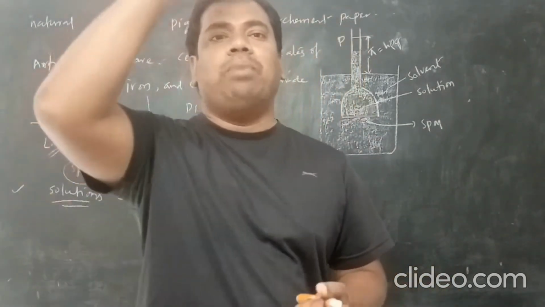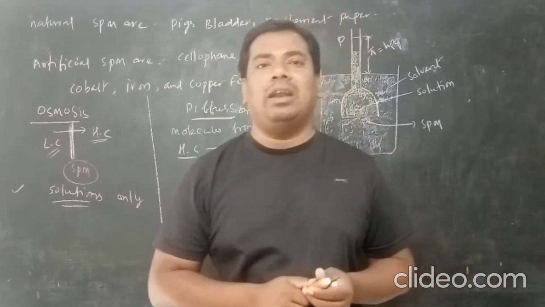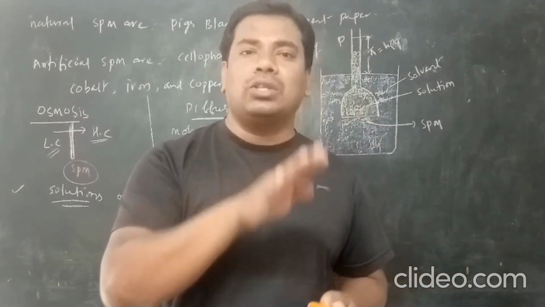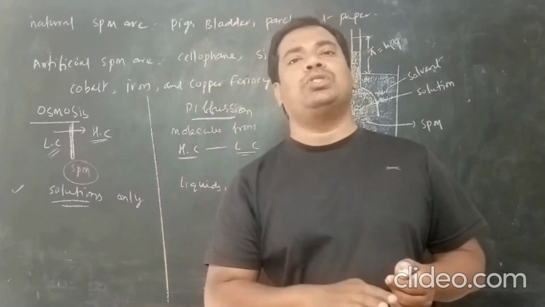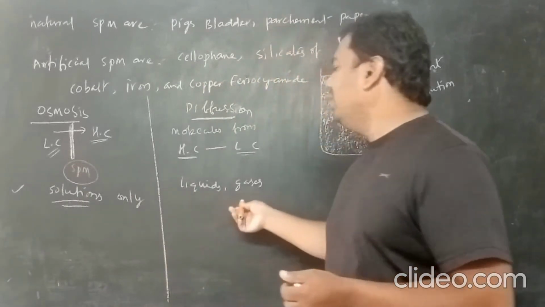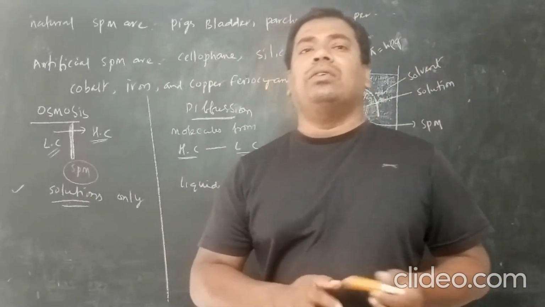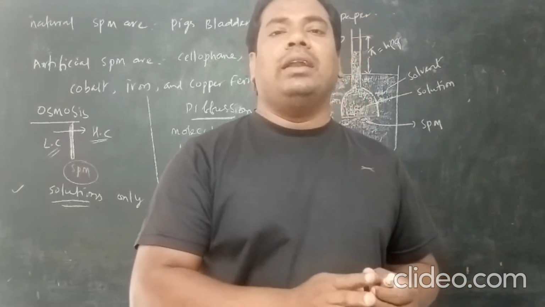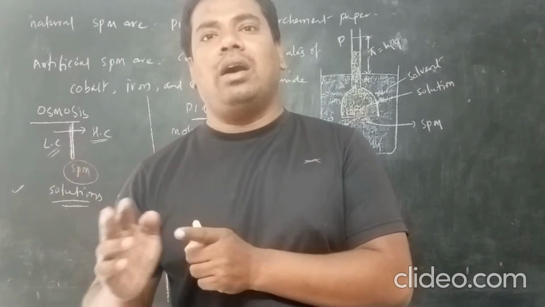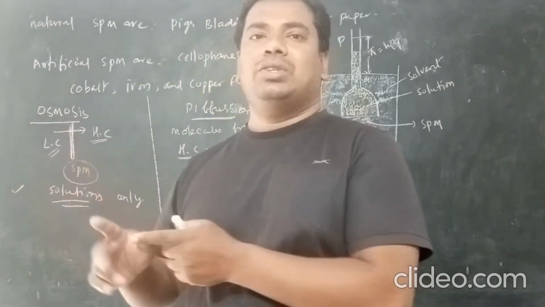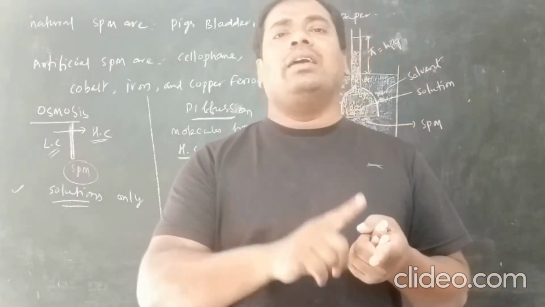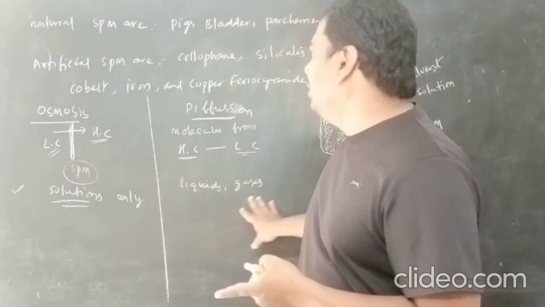And also in osmosis we can stop the osmosis process, or we can reverse the osmosis process by applying some external pressure. If we apply any kind of external pressure on the solution, we can stop the osmosis process or we can reverse the osmosis process. But in the diffusion process, diffusion can neither be stopped nor be reversed.